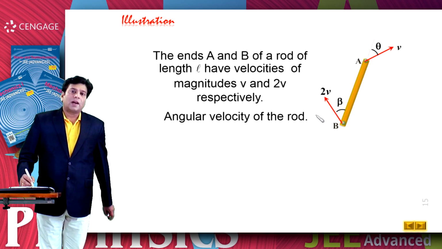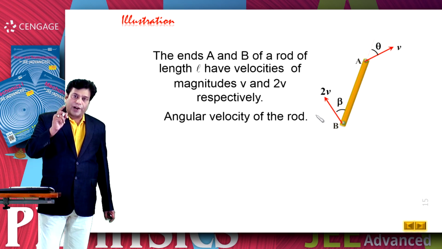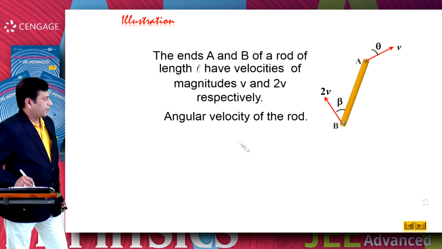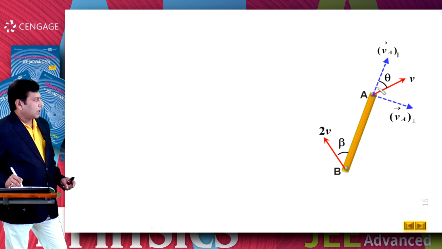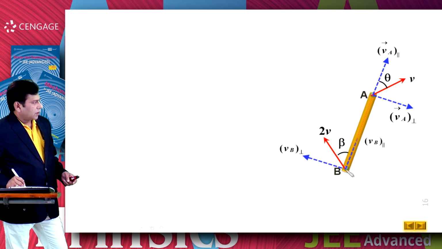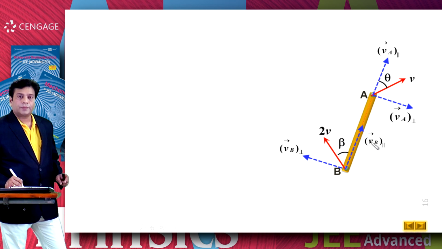So let us find the angular velocity of point A relative to point B. So let us first draw the component of the velocities, that is velocity of A parallel to the rod and perpendicular to the rod. And here also let us draw the components perpendicular and parallel.